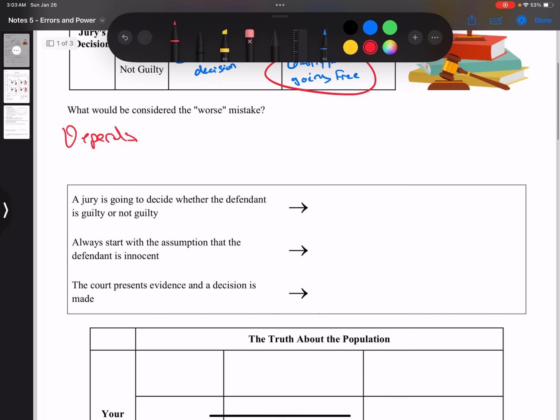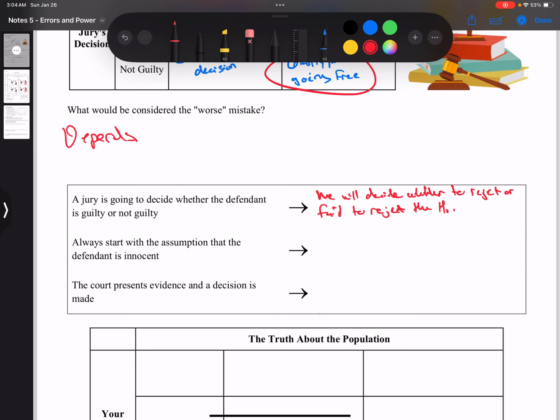All right, so again, bringing in the jury example and how it relates to what we're talking about. A jury is going to decide whether the defendant is guilty or not guilty. That's the same thing as us. We will decide whether to reject or fail to reject the null hypothesis.